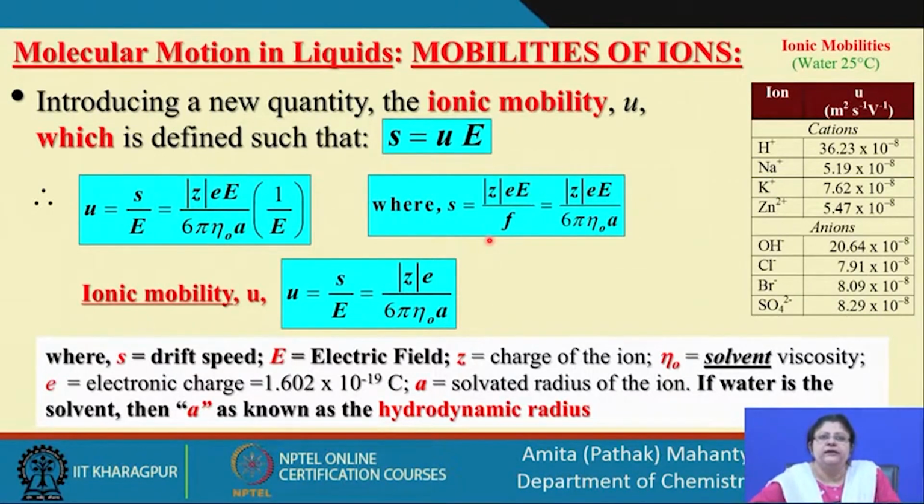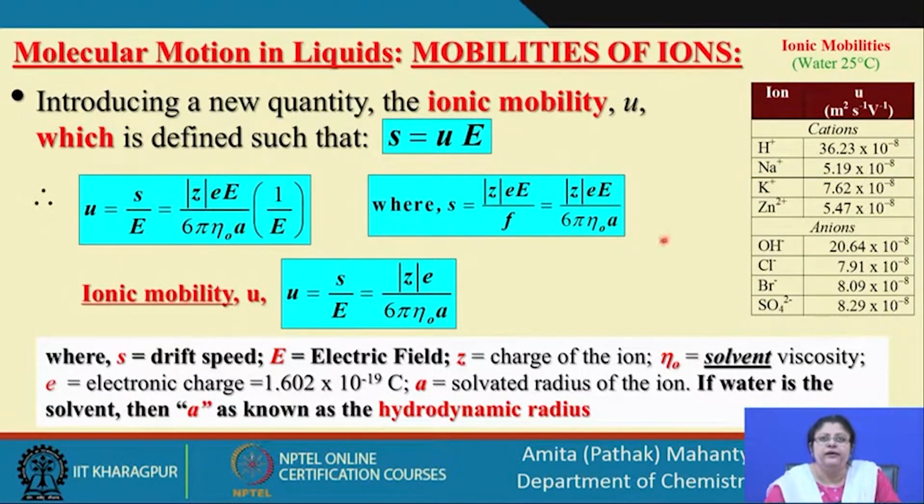So, what we can say, the ionic mobility U can be represented as S by E, right. The expression of S you know, the expression of E you know. This is the expression of S, Z e capital E divided by 6 pi eta A, divided into 1 by E. The E gets cancelled.